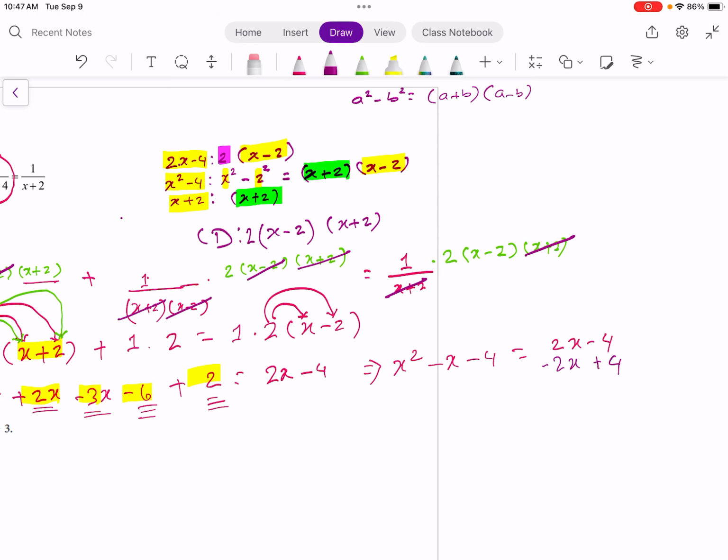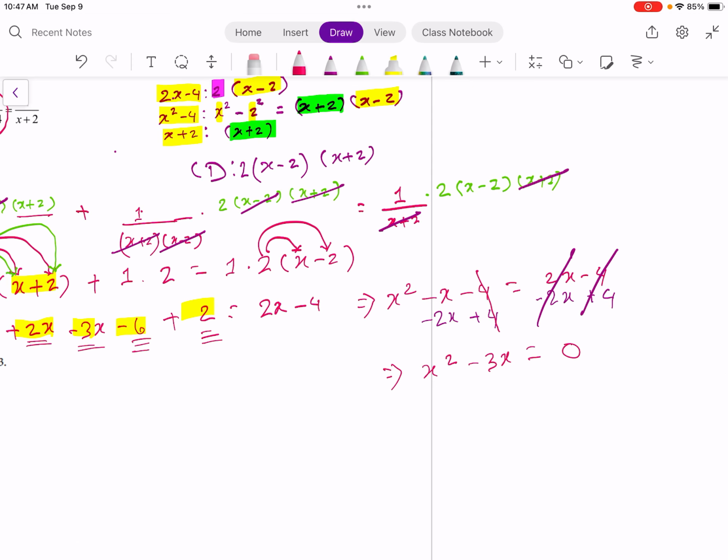So let's subtract 2x on both sides and add 4 on both sides, so that we have 0 on the right side. So this is x square, negative x, negative 2x, negative 3x, equals 0. So if you have a quadratic equation, always make 0 on one side.